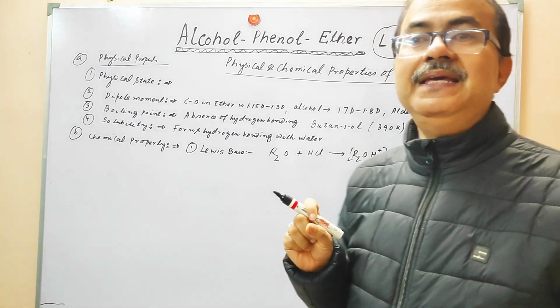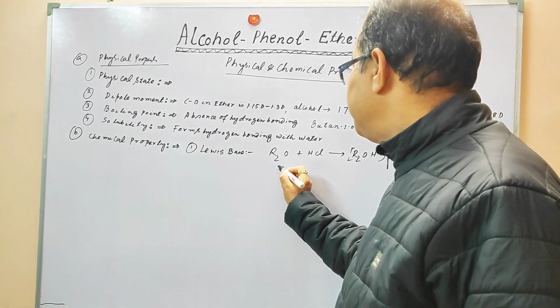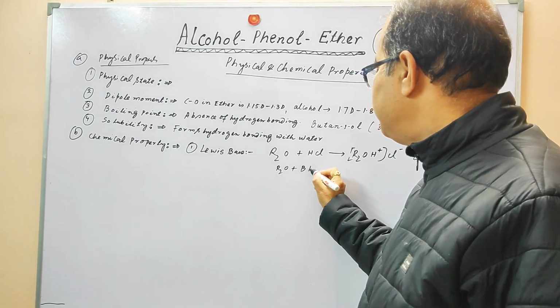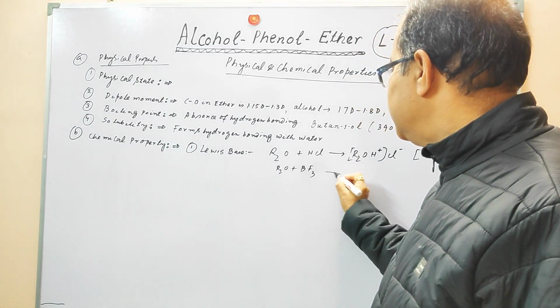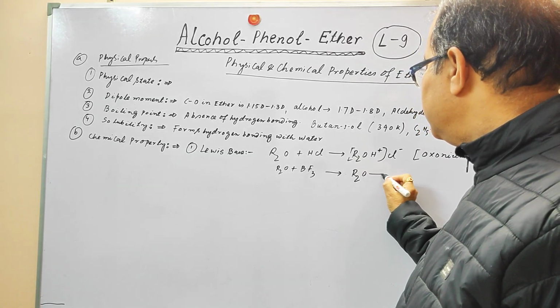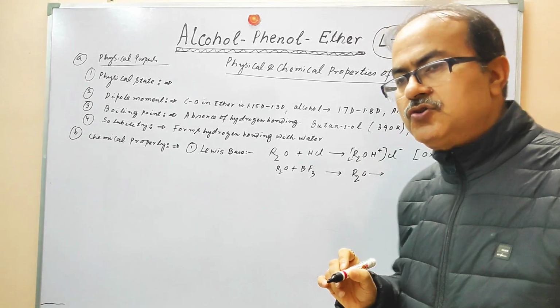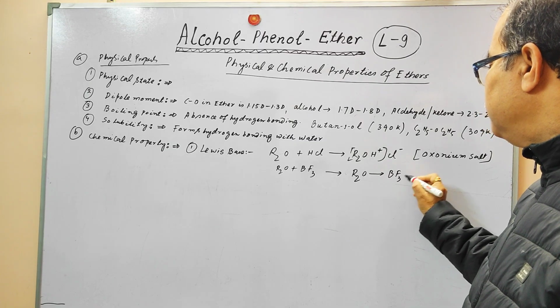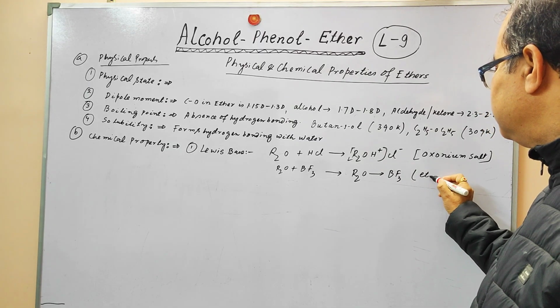And this is called etherates. For example, R2O plus BF3. BF3 is a Lewis acid, and there will be a coordination compound. The electron pair will be donated to BF3, and it will form etherates.